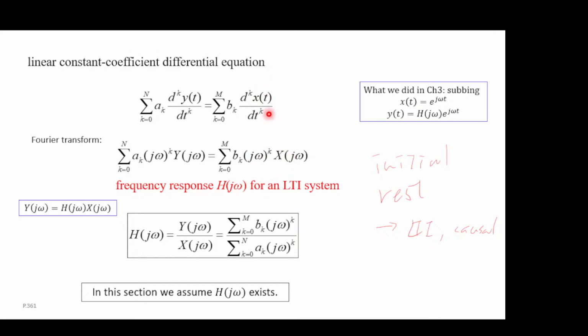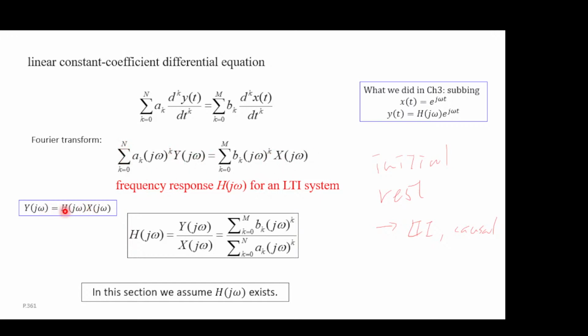And as we know from the convolution property, for this LTI system in the frequency domain we should have big Y equal to big H times big X. The nice thing about the Fourier transform here is that big Y has nothing to do with the summation over k. All the things that depend on k are here. The Y term doesn't depend on k, and the X term doesn't depend on k anymore. So you can just move things around.